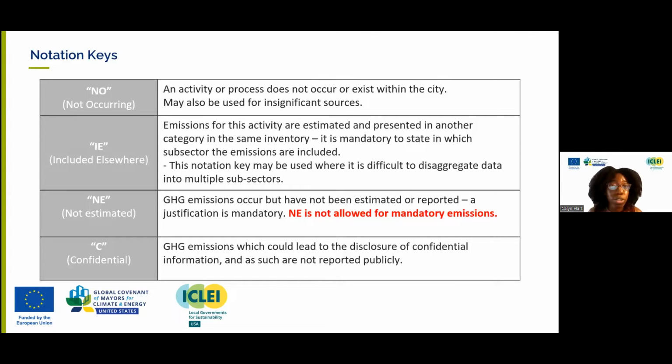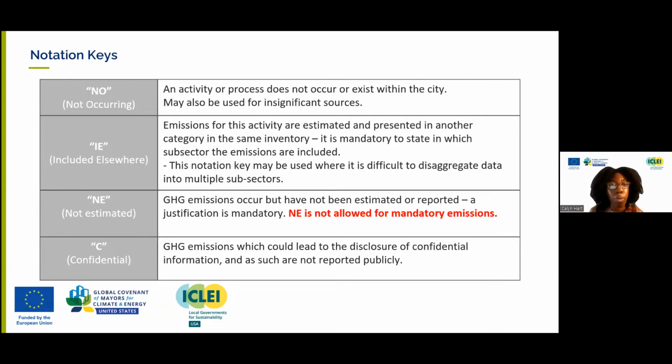And you can also use that for insignificant sources. So if you have, say, off-road vehicle emissions, and those are really insignificant emission sources, you can use that NO notation key. IE is included elsewhere. So essentially, if your emissions are included in something else.